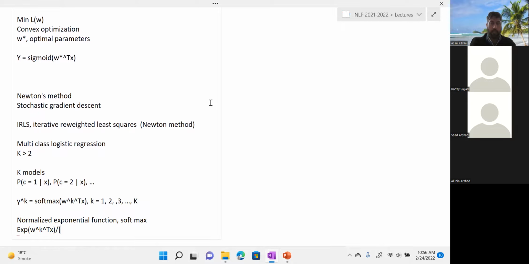That's why this is called normalized exponent. So the sum for all k from 1, 2, 3, 4 to capital K of exp. Let me write it.